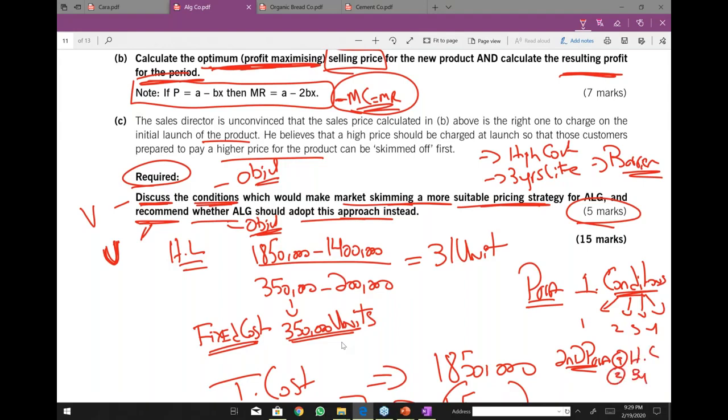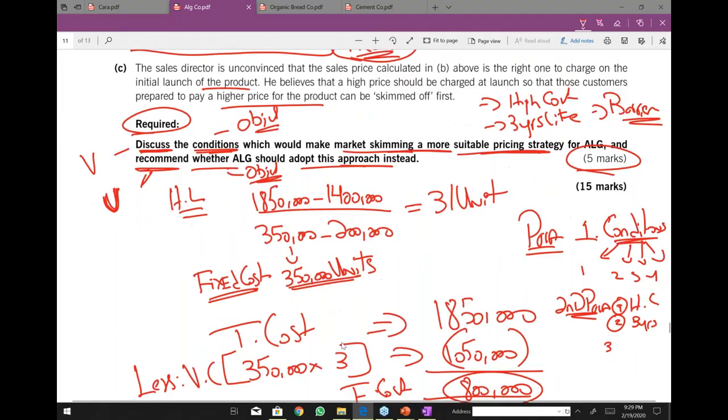So it seems there are barriers, and considering those barriers, you recommend that the company can follow a skimming strategy here. Understood the drafting here? In the first paragraph, tell the conditions that you just saw, and then recommend that the company can follow it, because these are the things mentioned. You need to link with the scenario. Okay.